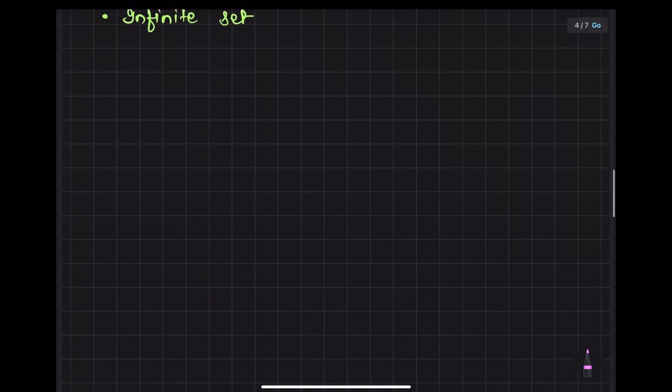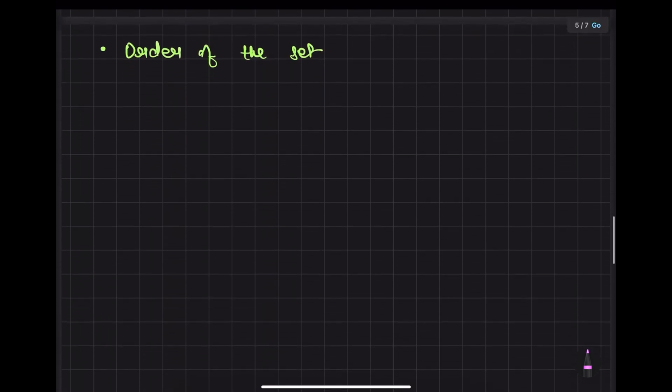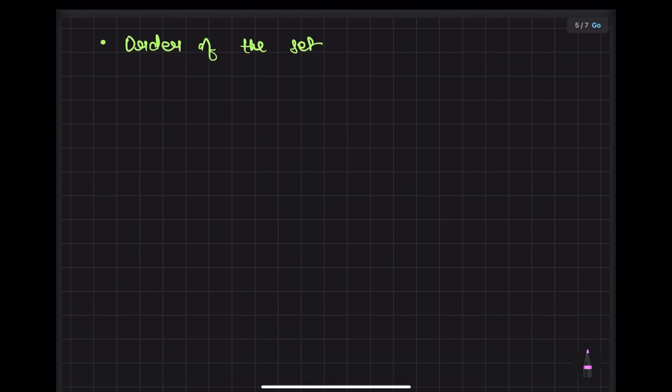So this is infinite. Now try to understand what is order of the set. You can also say that order of a set is equal to cardinality. And what is cardinality?